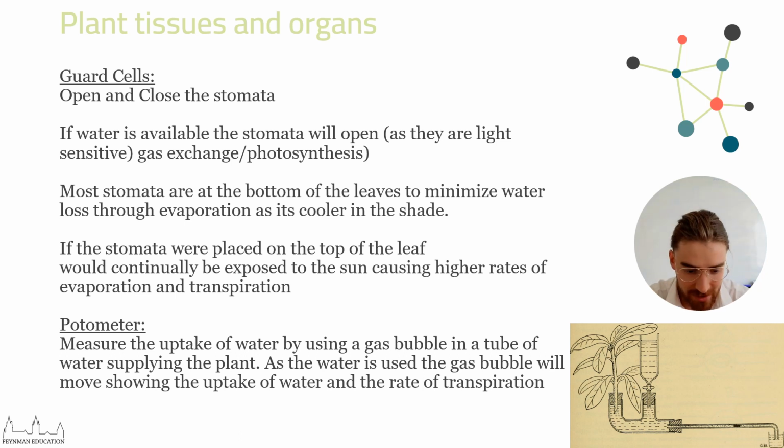So as water is sucked up by the plant and taken out into the air, this little gas bubble is going to move, and then we can measure the rate of transpiration. So we can change the environmental conditions and see how quickly or slowly that gas bubble moves.